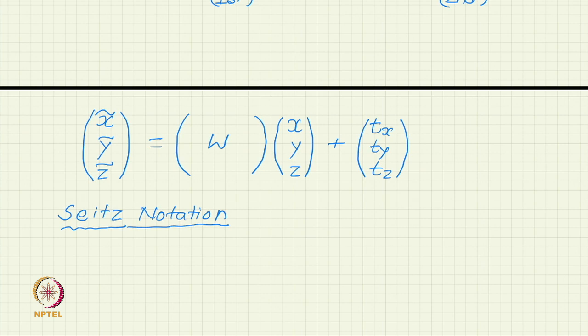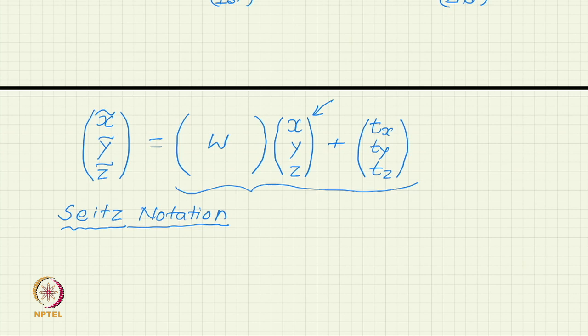So, he said that this whole thing is a symmetry operation. On the right hand side, x y z is the input, and W and this t x, t y, t z are the transforming components. So, those are the important ones, those are fixed for any given transformation. x y z will be variable, because one by one we will see where different points are going.